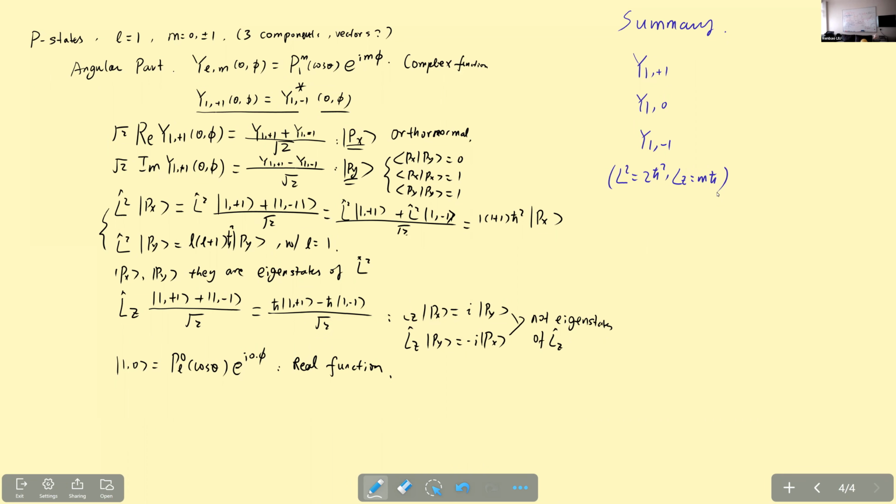But now let's move this to the three components. So we have px, and then |1,0>, and py. This one is the real part, this one just equals |1,0>, and this one is y, the imaginary part.